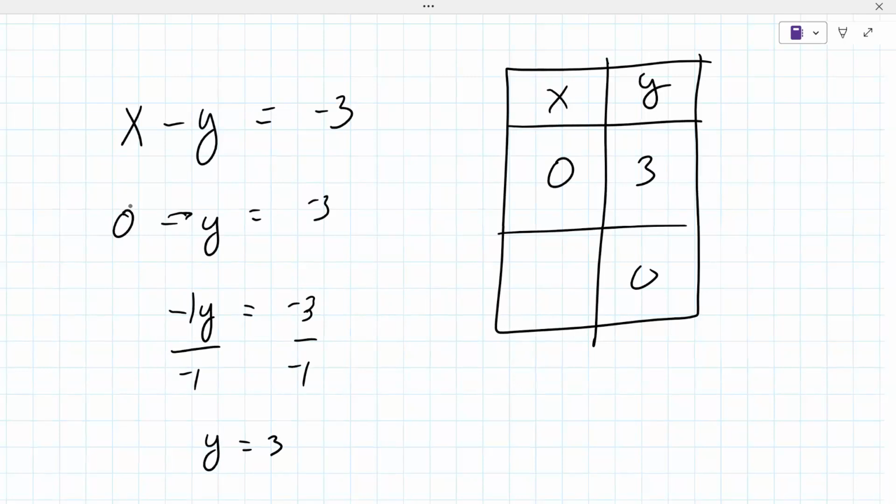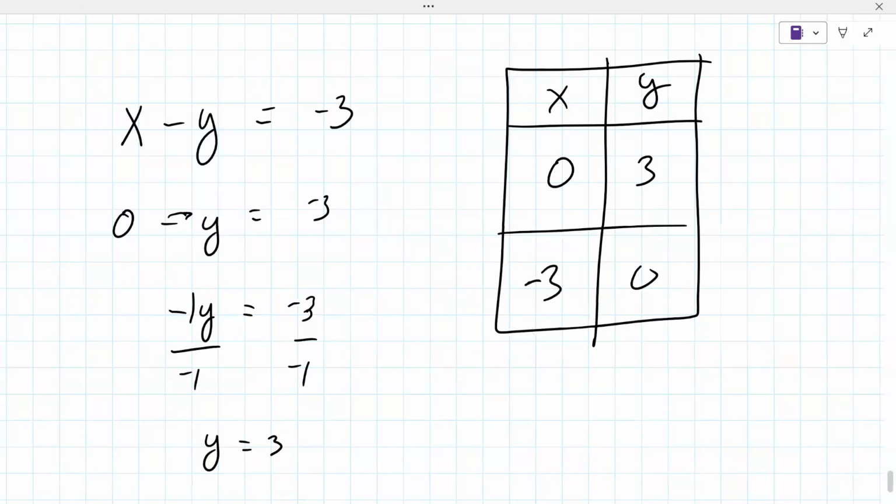How about for x? It would be -3. It is -3.